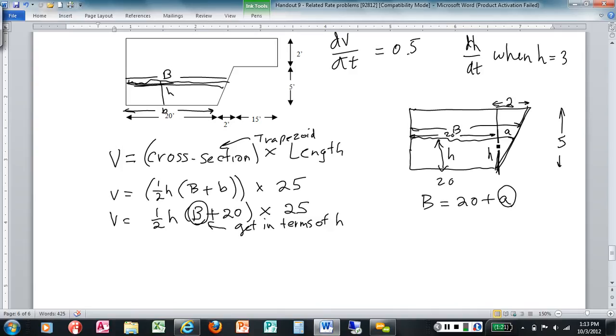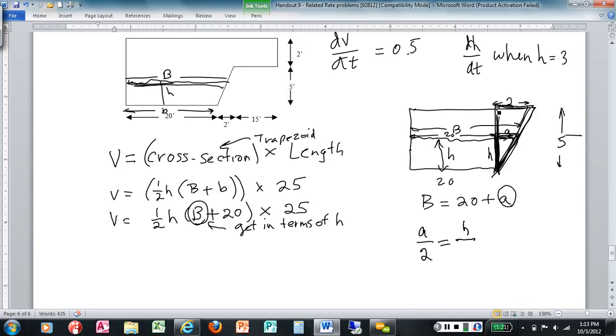I know that this triangle here is similar to this big triangle right here. You with me? The little triangle is similar to the big triangle. So don't I have that A is to 2 as the H is to what?